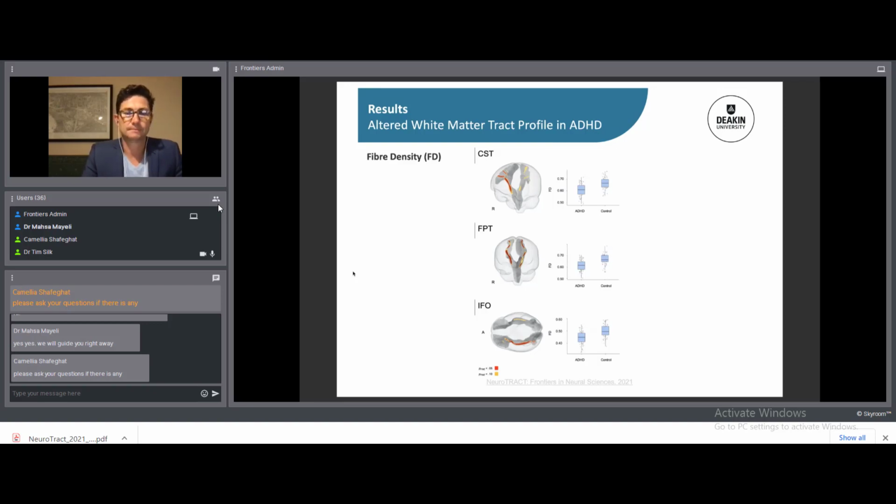Next slide. Similarly with fibre cross-section, quite consistent was that the corticospinal tract had lower fibre bundle size, as well as the parieto-occipital pontine tract and the uncinate fasciculus, all lower within the ADHD group. Next slide, please.